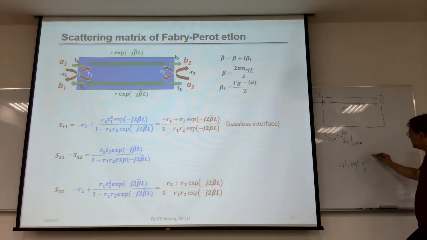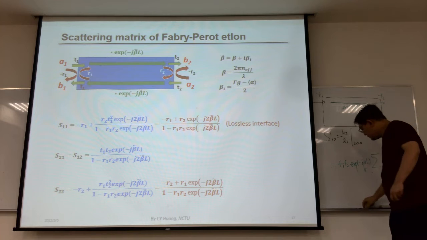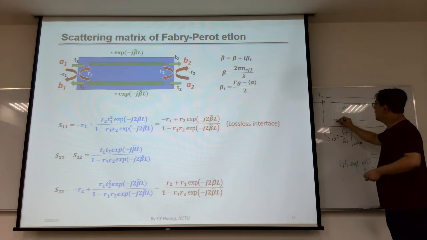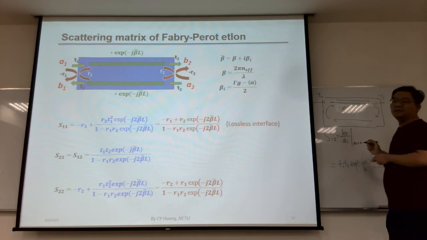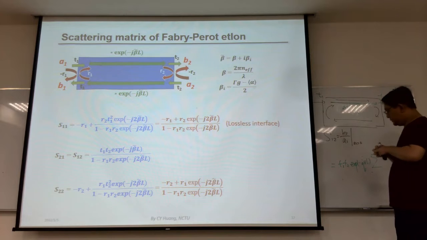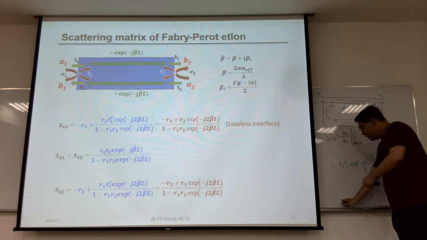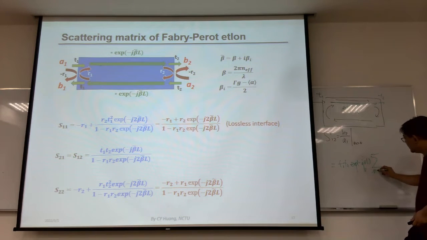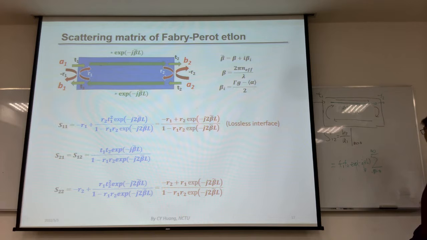But you need to consider that it might circle around again. So this will also be the sum over n from 0 to infinity of R1 R2 exponential minus 2j beta L to the n rounds.